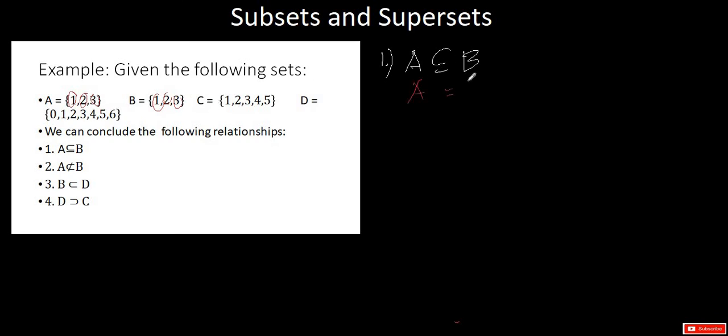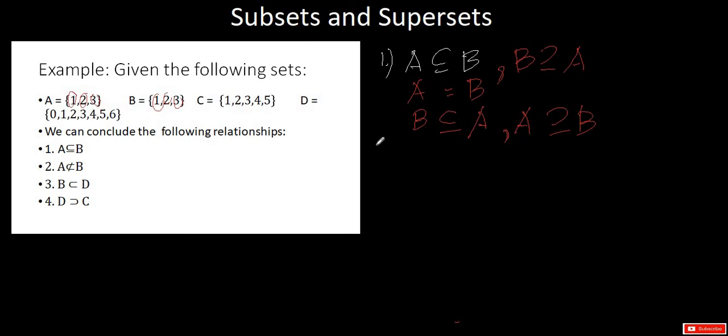A is equal to set B. And since the two sets are equal, we can add more relationships. Set B is also a subset of set A. And it follows that when we read from right to left, B is a superset of A. Now, since here B is a subset of A, it follows that A is a superset of set B.